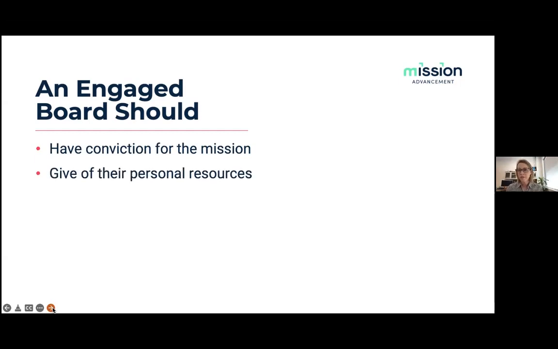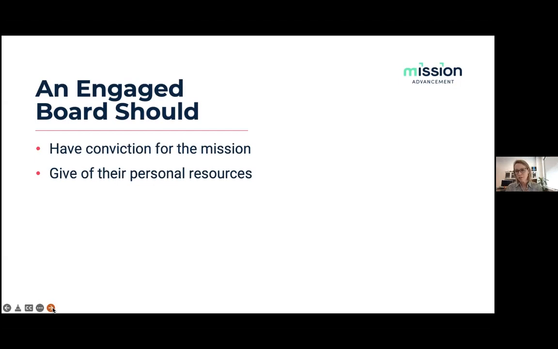They should give. I know a lot of organizations have adopted the give or get mentality. We believe every board member should give something of their personal resources. You may not be their highest priority. They may support other organizations, and that's okay. That's a decision for you to make. But for a board member to not give at all philanthropically sends a signal to outside funders that the board is not 100% in.